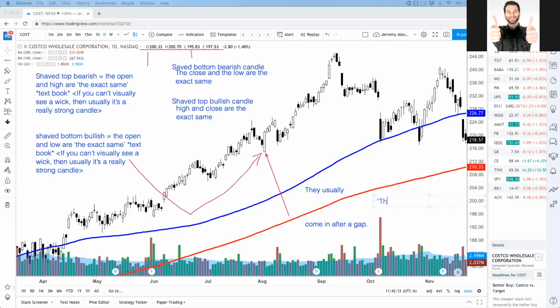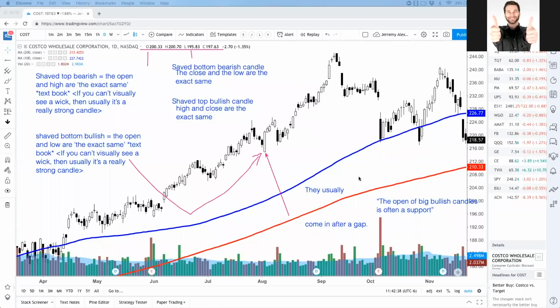The open of big bullish candles is often a support. So when you find a shaved bottom candle, it will help you identify support even faster, because there is no wick needed. You see the candle, and it's a very strong support.